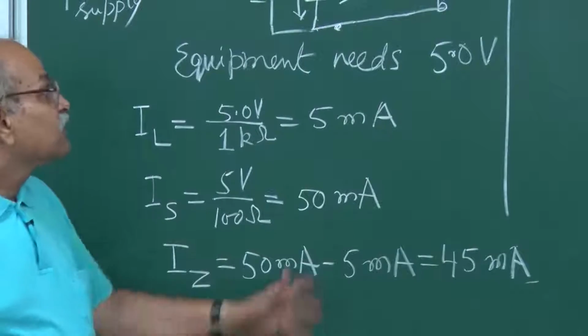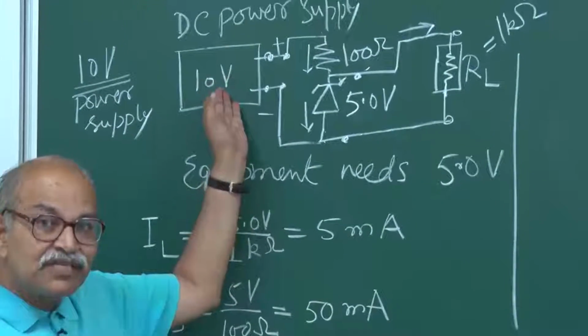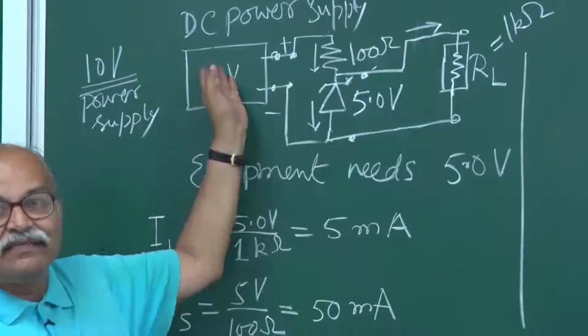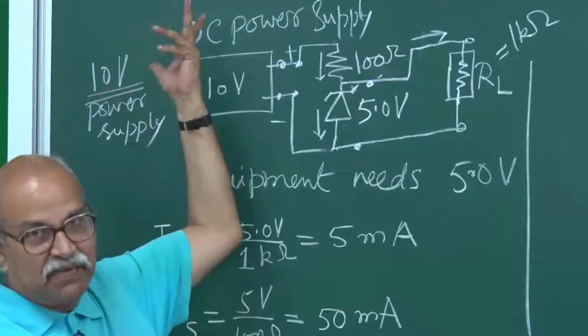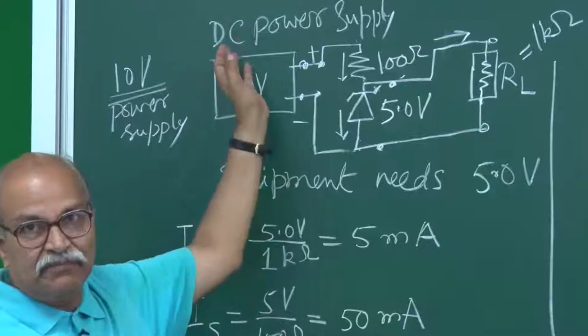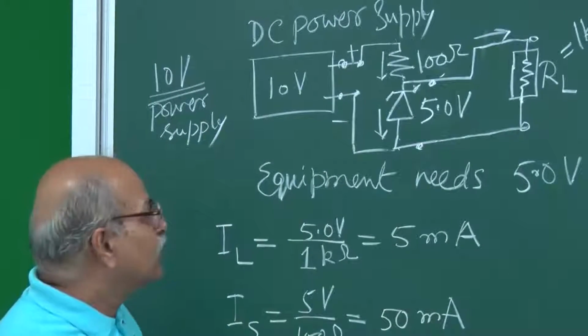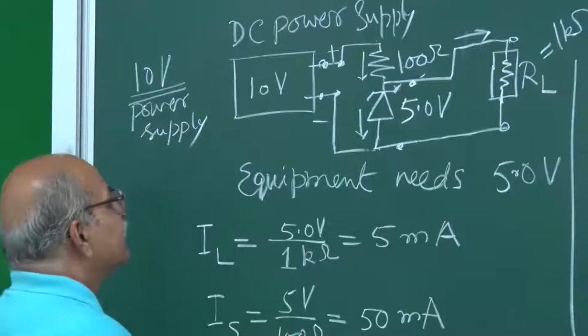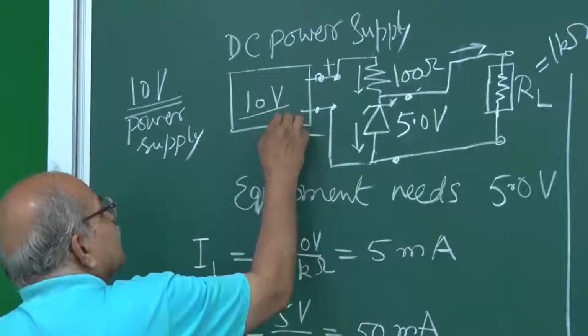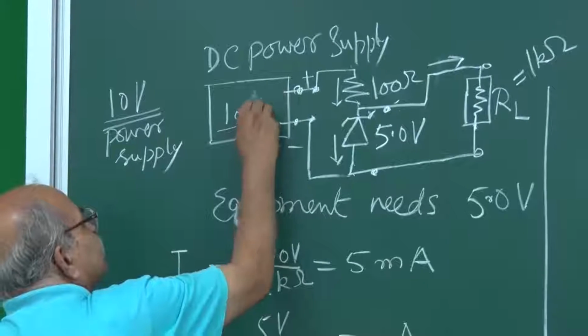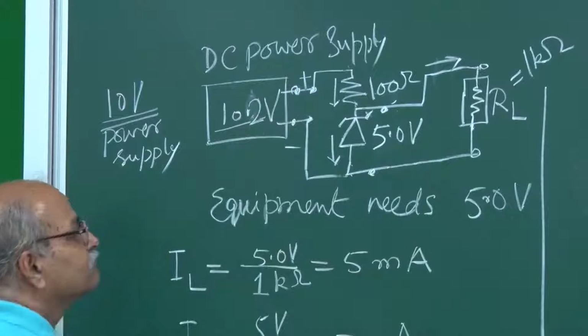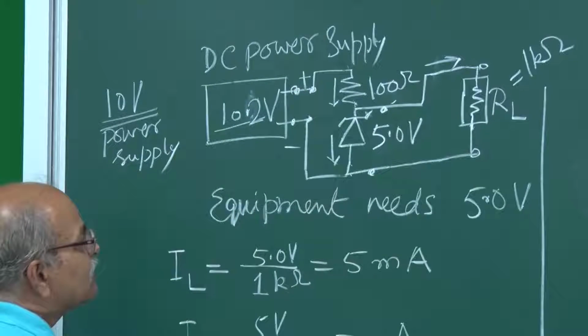Now suppose there is a fluctuation in this voltage and this 10 becomes, let's say, 10.2. What will happen? So analyze it once again, taking that this 10 has now become 10.2. So what happens?